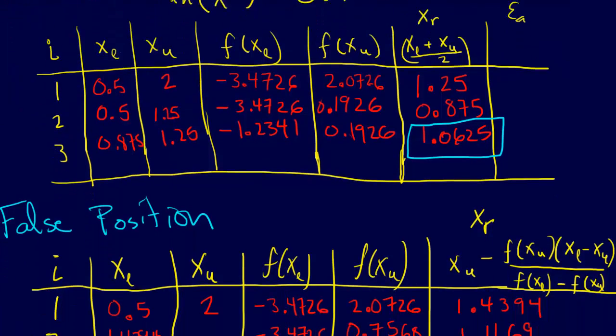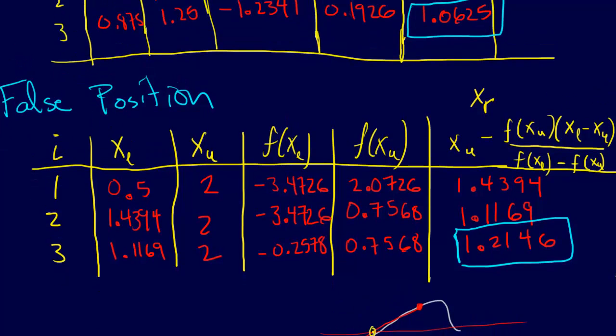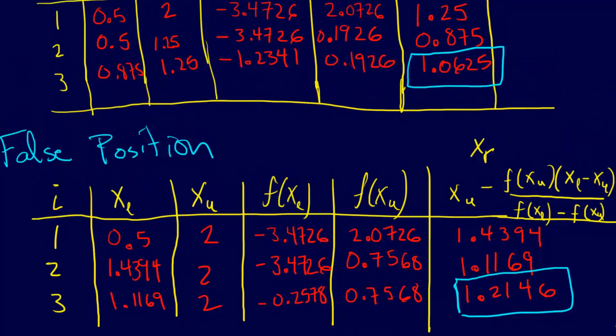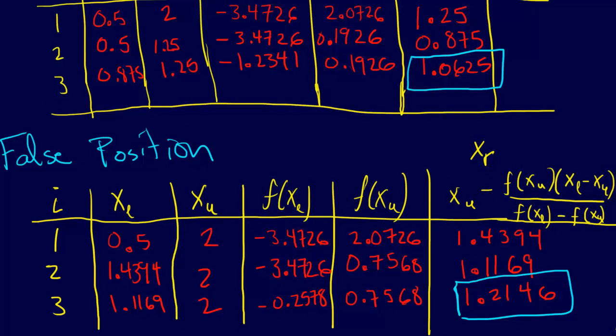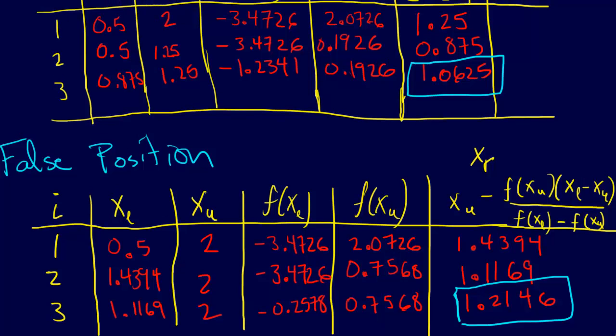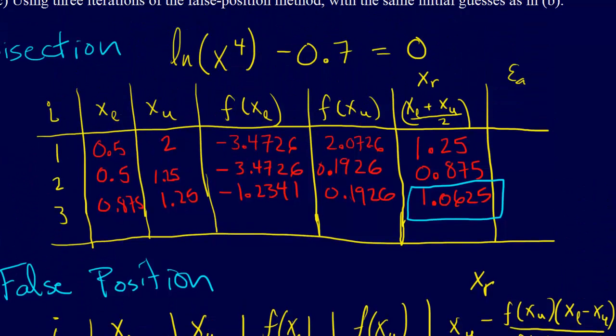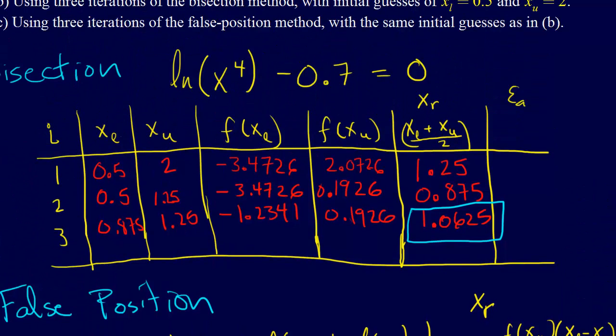So those are all relatively close to each other. So judging from the graph, which I think is really pretty good in this problem, I think this one's going to be a little closer than this one. But again, I don't know what the actual root is. But anyway, all right. So that is this problem.